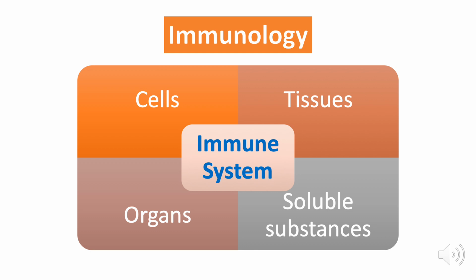Because the different immune responses that we have in our body are not only provided by white blood cells. They can also be provided by tissues, by organs, and by the different soluble substances that we have in our serum. All of these are components of what we call the immune system, and the study of the immune system is immunology.